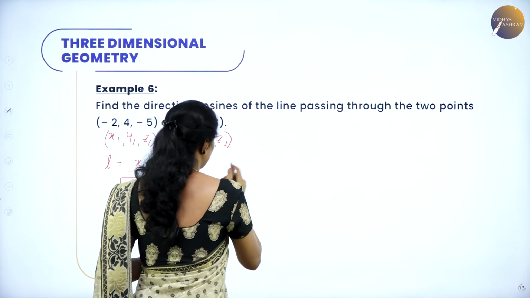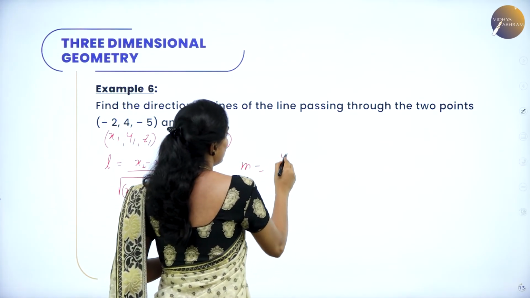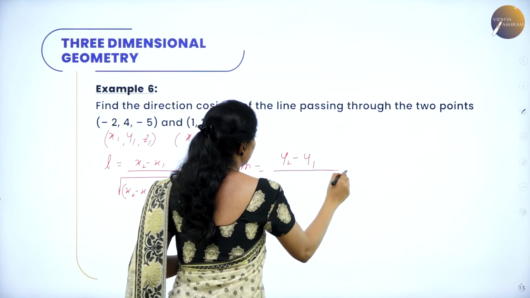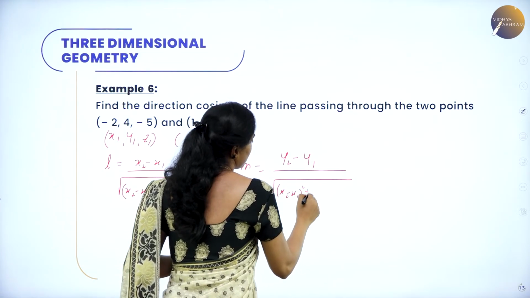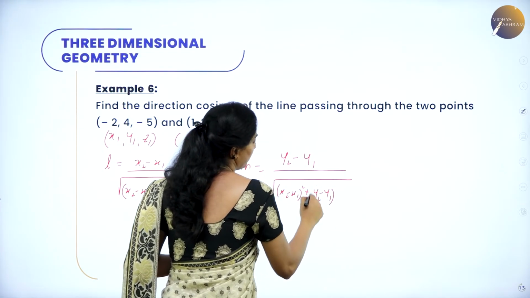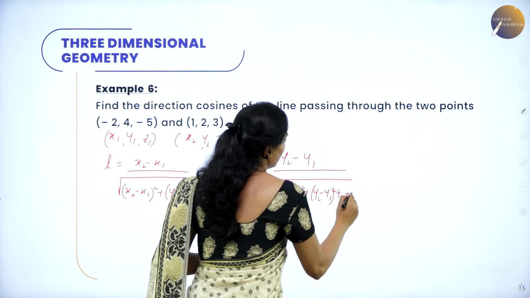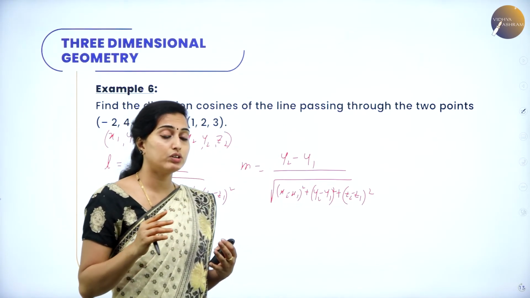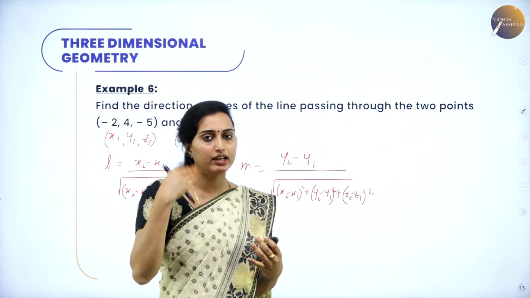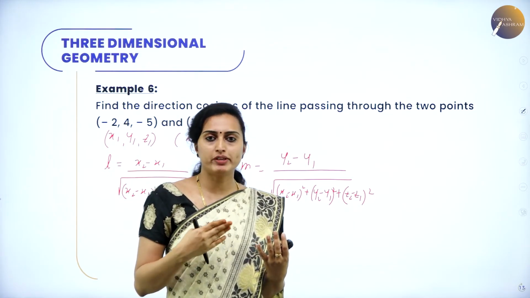Similarly, m is equal to y2 minus y1 divided by the square root of the same x2 minus x1 whole squared plus y2 minus y1 whole squared plus z2 minus z1 whole squared. Dear students, if they have given direction ratios, it is a divided by the square root of a squared plus b squared plus c squared.